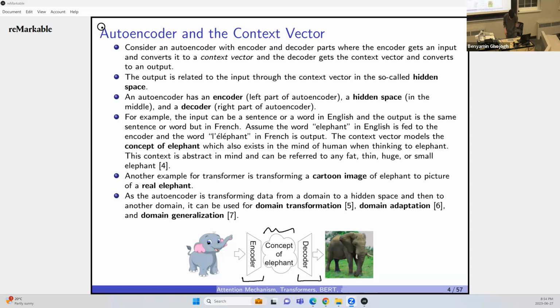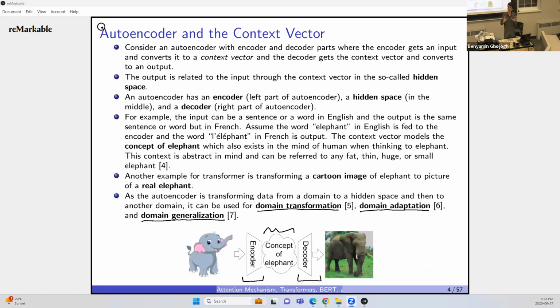And as you see, we can use autoencoder for domain transformation, domain adaptation, and domain generalization. By domain transformation, I mean like this: cartoon elephant gives you a real elephant. Domain generalization and adaptation, there's a difference between them. What is the difference? As far as I remember, in domain adaptation, we learn various domains in order to be able to handle various domains.